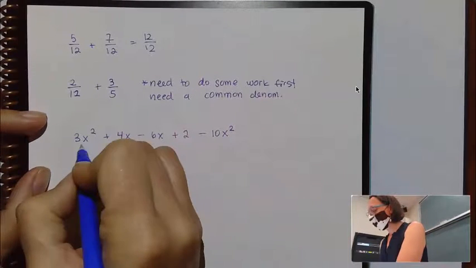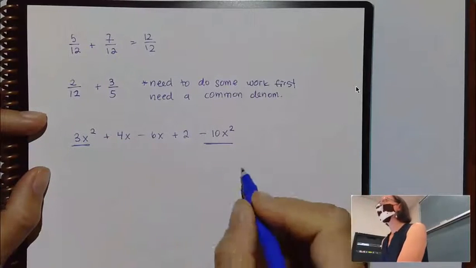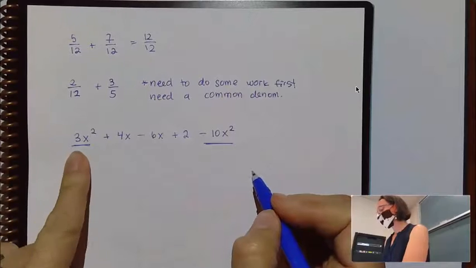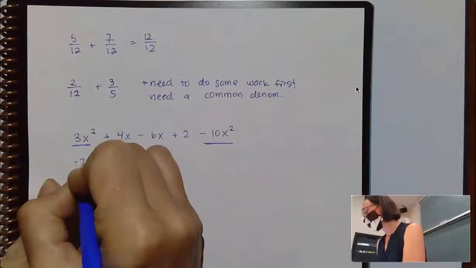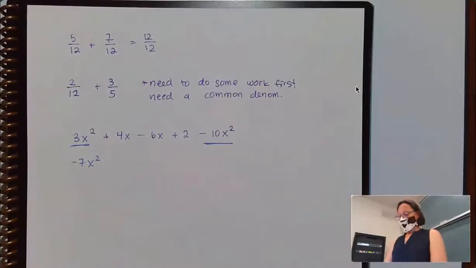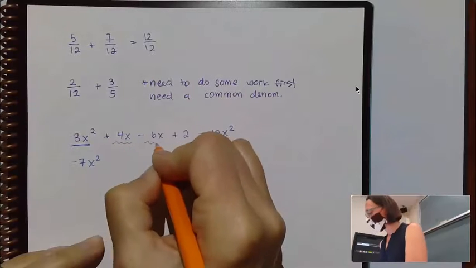I'm going to start with the x squareds. I have a 3x squared and a negative 10x squared. Those two pieces I can put together. 3 of the x squareds minus 10 of the x squareds leaves me with negative 7x squared. Then I can look at my x terms, and I've got 4x and negative 6x.